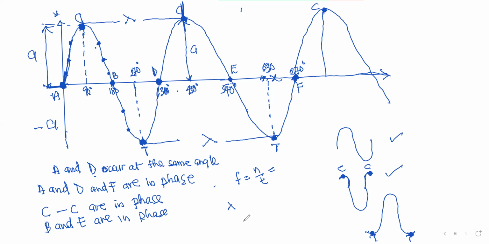Still, F is equal to N over t. And the period, capital T, is our old friend. Please, the SI unit of frequency is hertz. It was named after my good old friend, Heinrich Hertz, a German physicist.